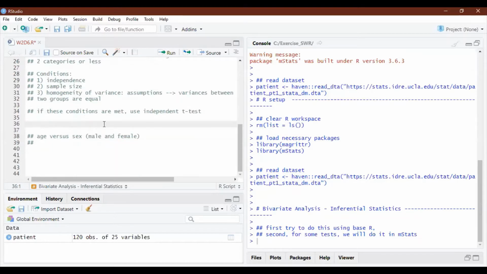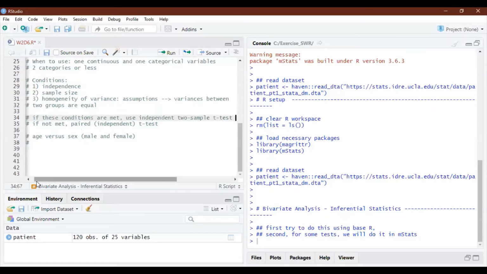Second, if not met, we use the paired t-test. Sometimes they also use the two-sample t-test, because we have two groups, so these are sometimes called the independent two-sample t-test. These are also the same: the paired two-sample t-test.